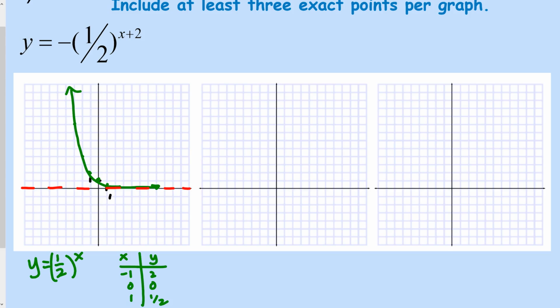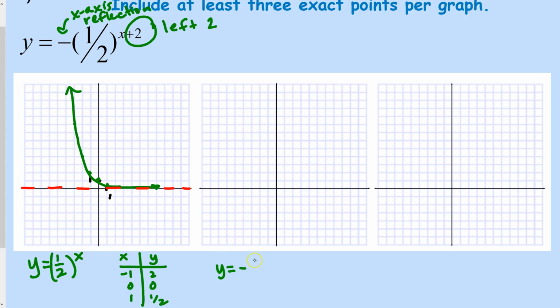Okay? Now we have a couple of other transformations. So we have a shift to the left, and we also have a reflection across the x-axis. If you think about that, one of those is a horizontal move, one of those is a vertical move, so it's not going to matter which order we do those in.